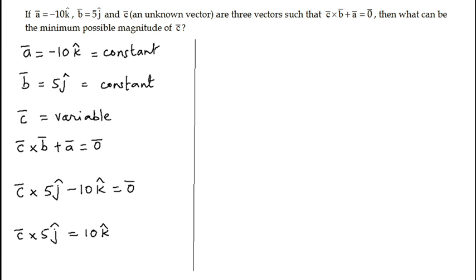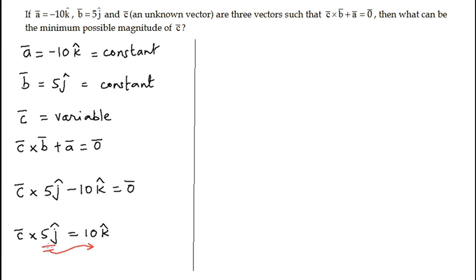Of course, at this point I realize that c bar is multiplied, this is a cross multiplication, with 5j cap, so it's a cross product, and there is no way that I can take 5j cap to the right hand side, because division of one vector by another vector is not defined.